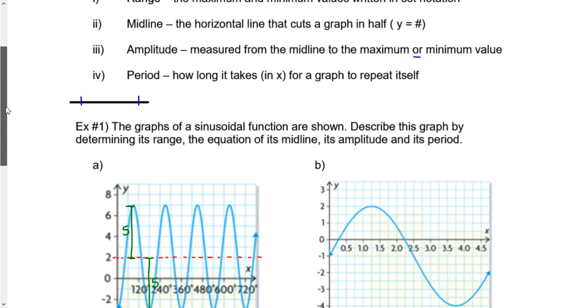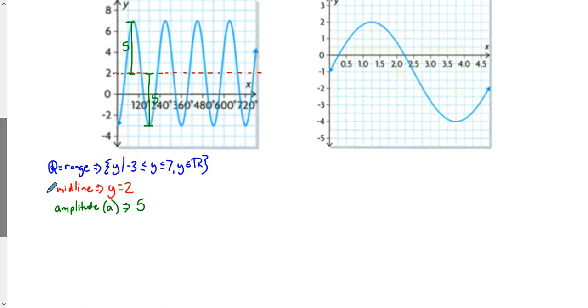And the last bit is the period. It's how long it takes in x for a graph to repeat itself. So how long does it take this graph to actually repeat itself? I'm going to move this extra information out of the way.